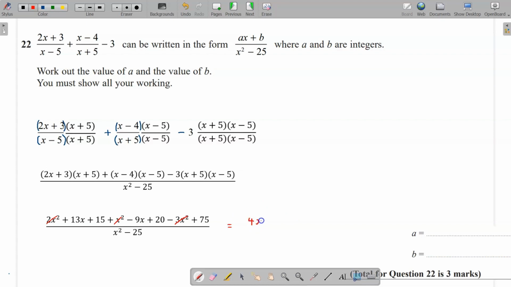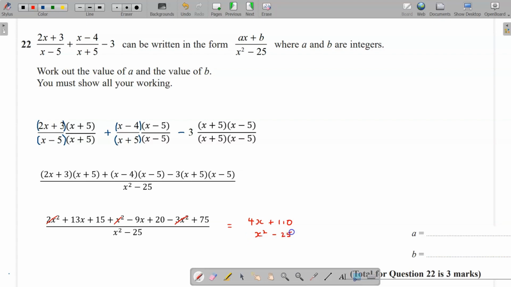Okay, I'm also left with three numbers on the top, 15, 20 and 75, which give me 110. Okay, and then on the denominator I just have my difference of two squares as it is, which is x squared minus 25. Okay, so I've answered the question.